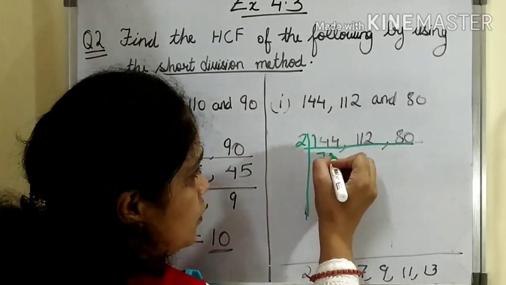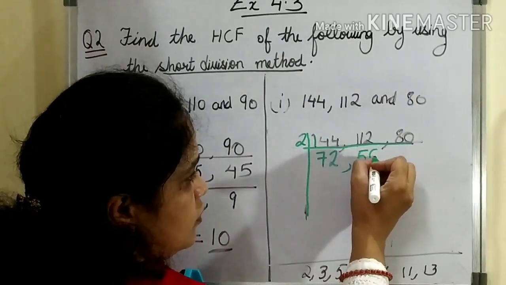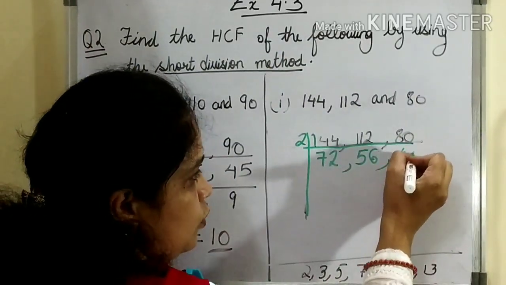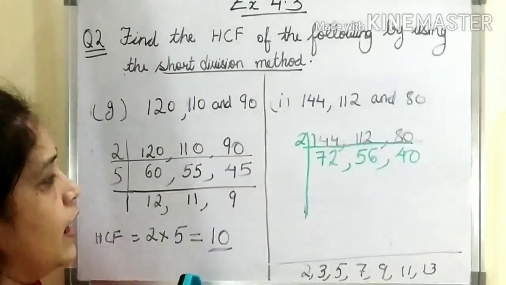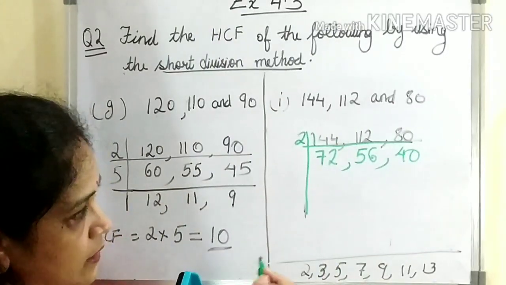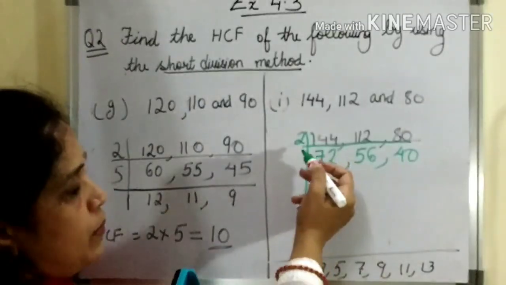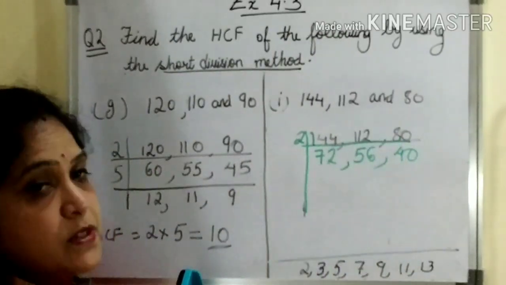2 72s are 144, 2 56s are 112, and 2 40s are 80. For example, 144 you divide by 2 and the answer is 72. 112 you divide by 2 and you get 56. Then 80 divided by 2 becomes 40.